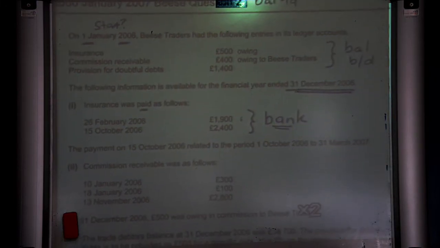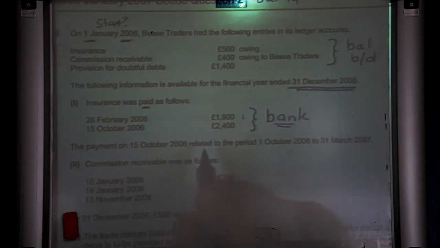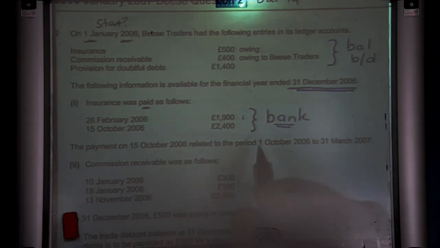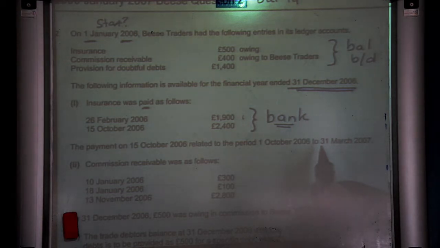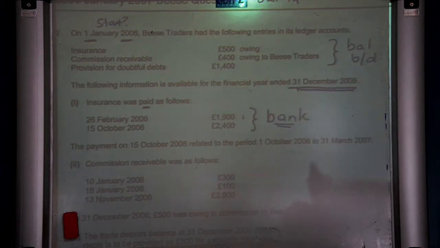Then it tells me this funny little bit of information at the bottom. The payment on the 15th of October, that £2,400 there, related to the period 1st of October to the 31st of March. Interesting. Okay, what does that mean? Well, this payment here, nearly at the end of the year for $2,400, actually some of it falls into next year, because remember, the end of the year is the 31st of December.